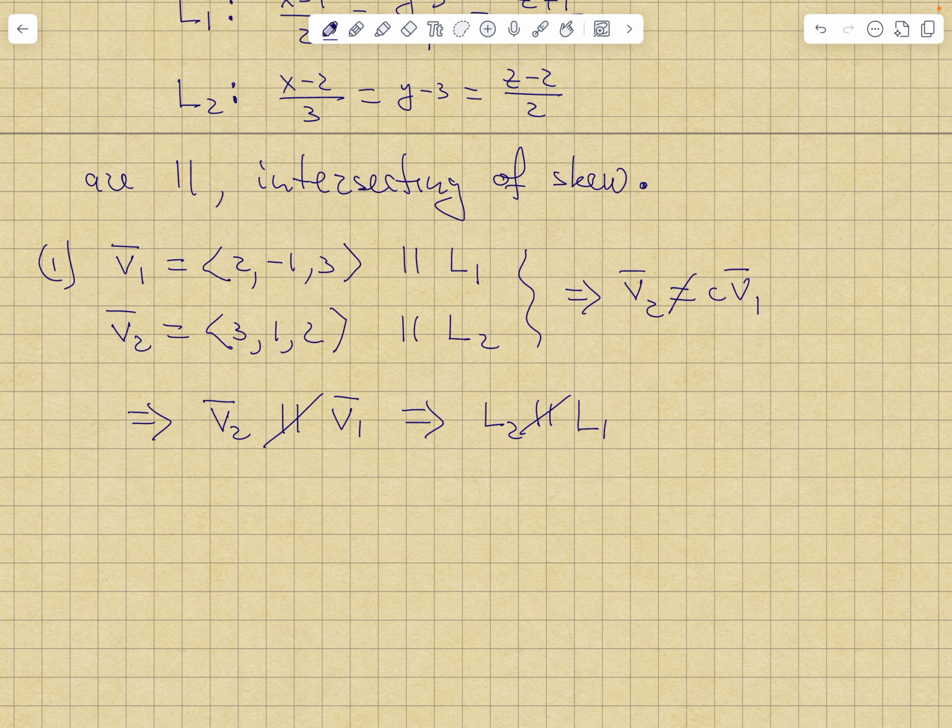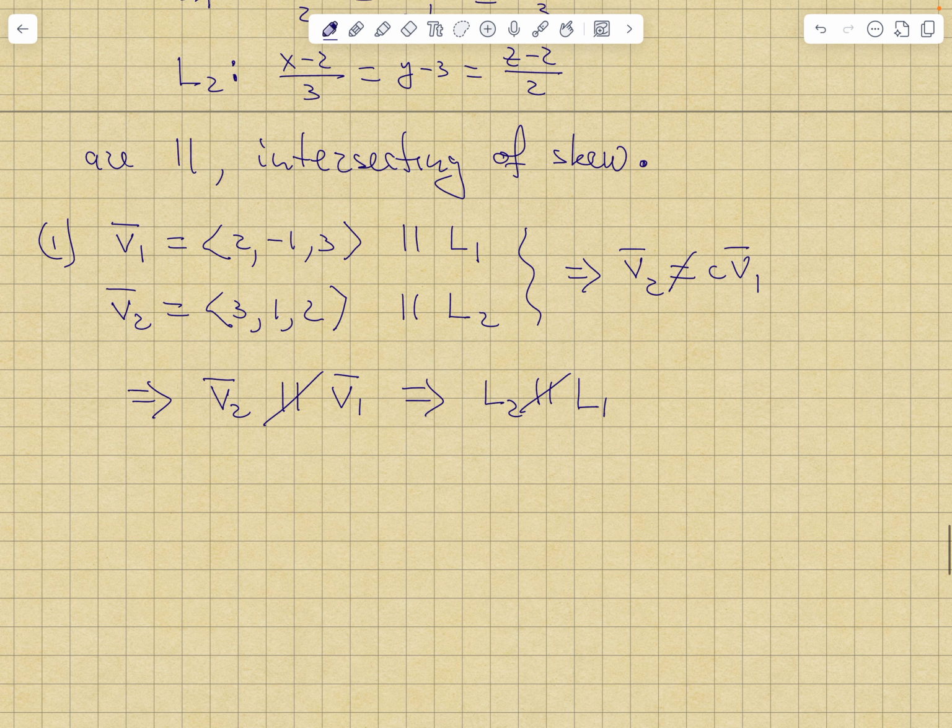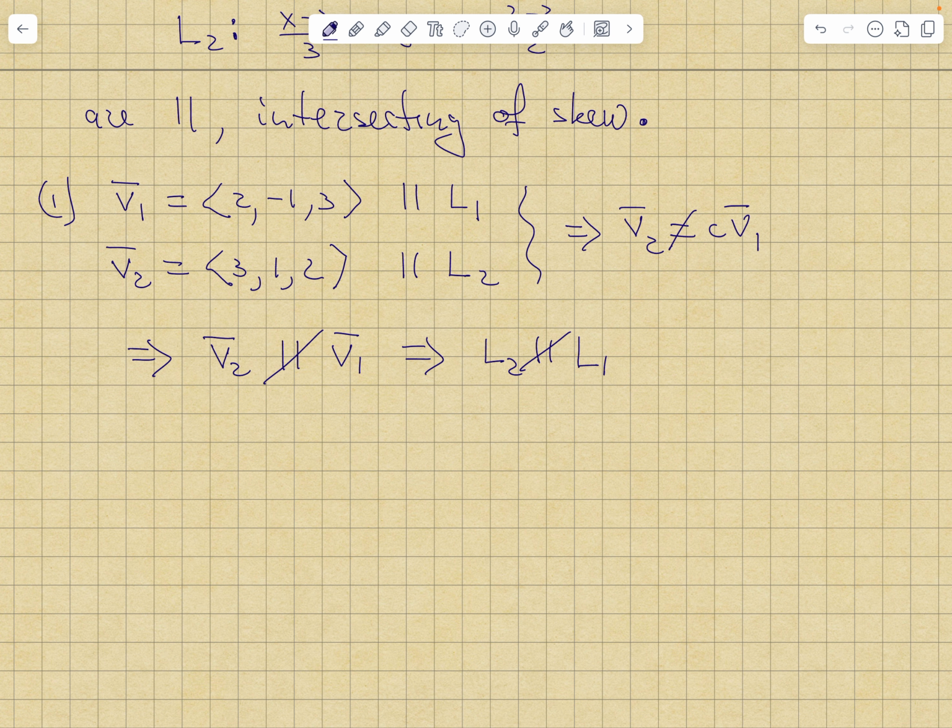Okay, so then the remaining options are skew or intersecting. If the lines are skew, they're not parallel, but they don't have a common point. If two lines are intersecting, then they have a common point.